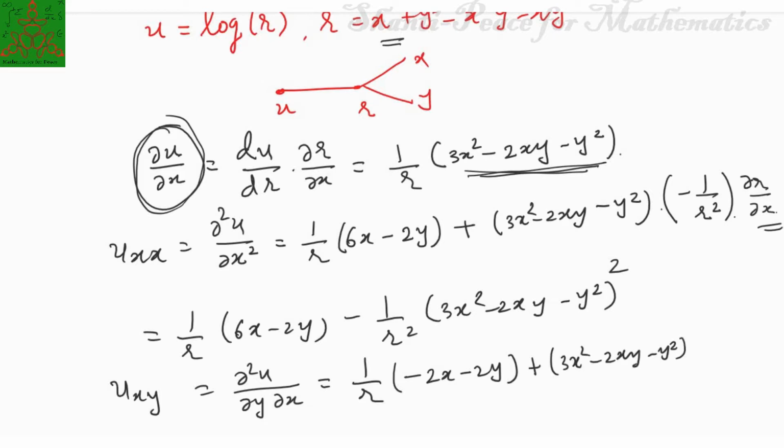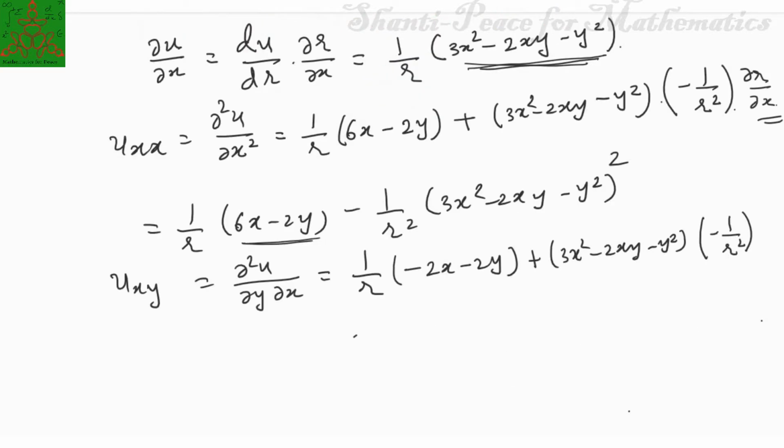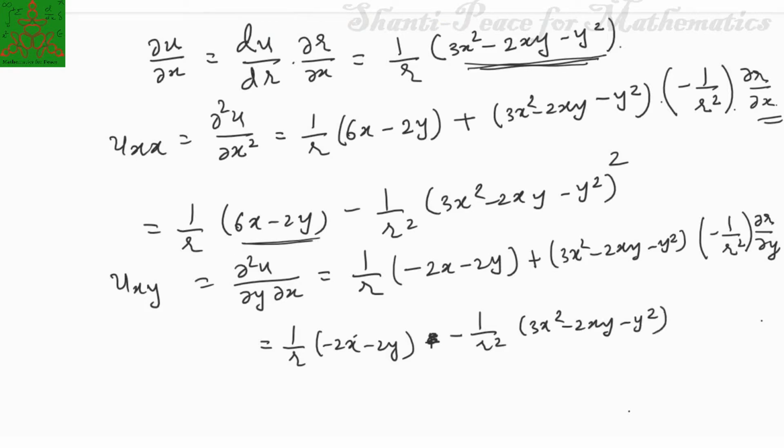The derivative of 1 upon r is minus 1 upon r squared into del r by del y. Now this 1 upon r (minus 2x minus 2y) as it is, this is minus 1 upon r squared (3x squared minus 2xy minus y squared) as it is, times the derivative of r with respect to y. What is that?